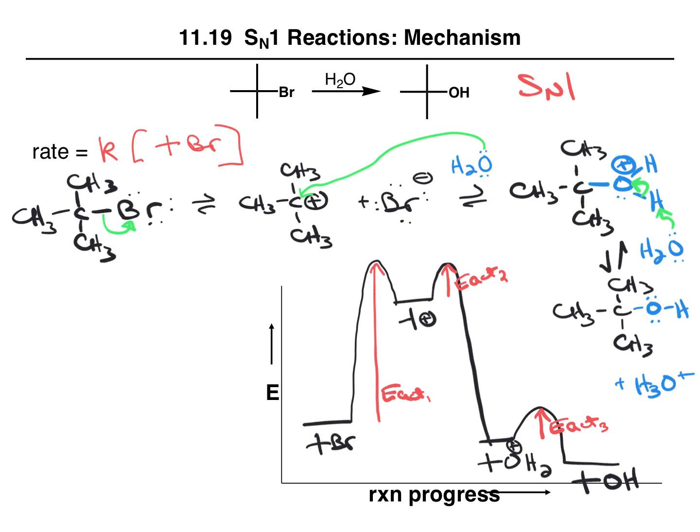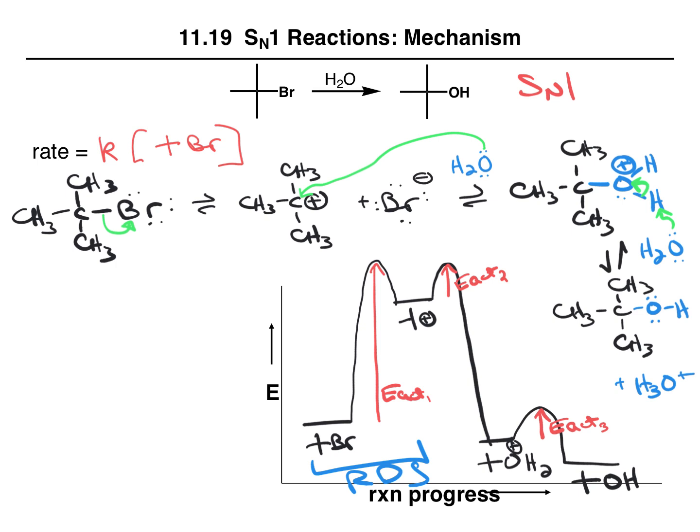We can look at delta G, delta H, other information like that. But in general, the transition state leading to the formation of the carbocation is going to be extremely high, and this activation energy is going to be the highest. And so the largest activation energy means the slowest step of the reaction. So step 1 is the rate determining step.